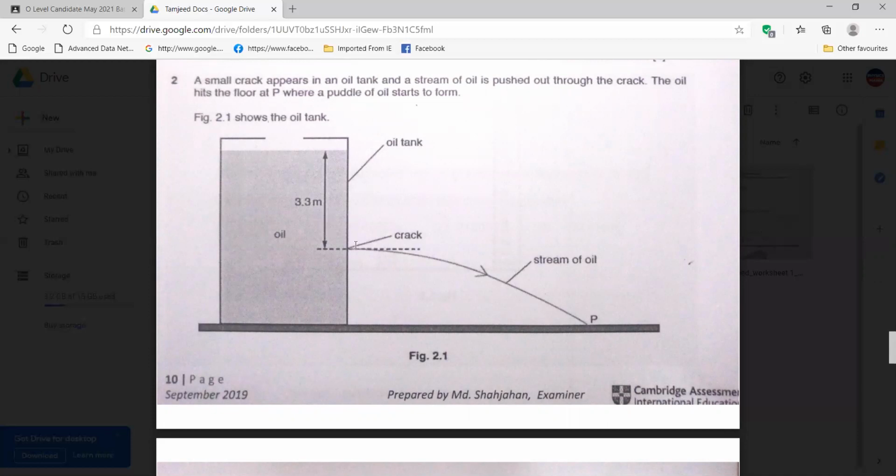As now the atmospheric pressure is working on both sides, it is balanced. That's why we are getting only the liquid pressure here. Are you clear? Kind of. You will write that as atmospheric pressure is working at both ends of the crack.